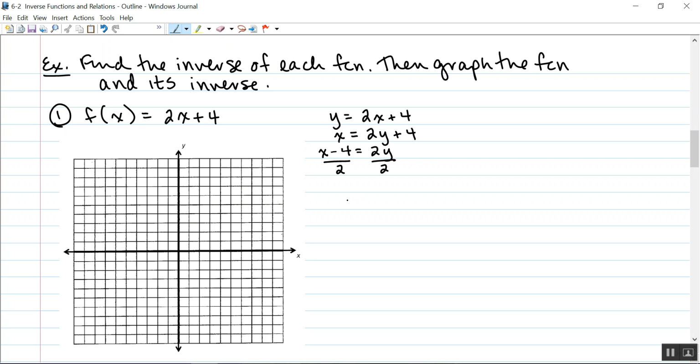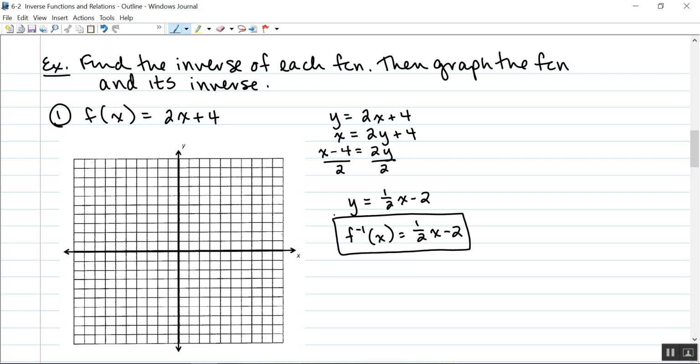And I'm going to clean that up a little bit. So that's going to be y equals 1/2 x minus 2. And then let's write that in function notation, the inverse of f of x equals 1/2 x minus 2. So there's the inverse of 2x plus 4.